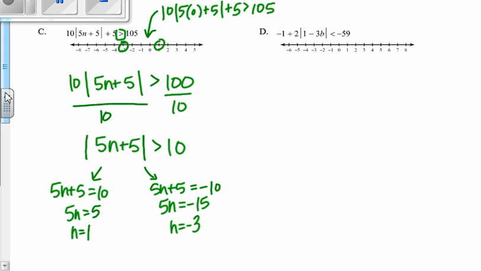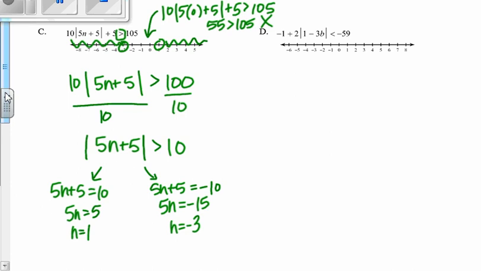So this all would be 55. Is 55 greater than 105? No, that's not a true statement. So since 0 is not true and that's in between, I'm going to shade on the outside of those points. You could test values on the outside as well if you wanted to, but I'm just giving you a shortcut there.